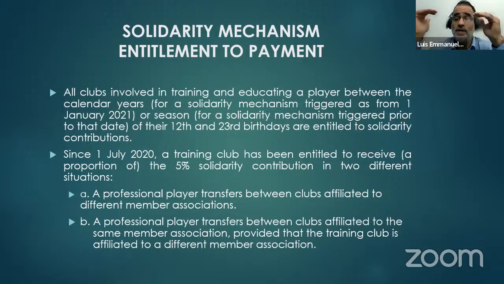The clubs are members of the same member association, but the training club at the basis is from another member association. That has an international dimension, and that triggers the application of the regulations on the status and transfer of players, namely the solidarity mechanism.